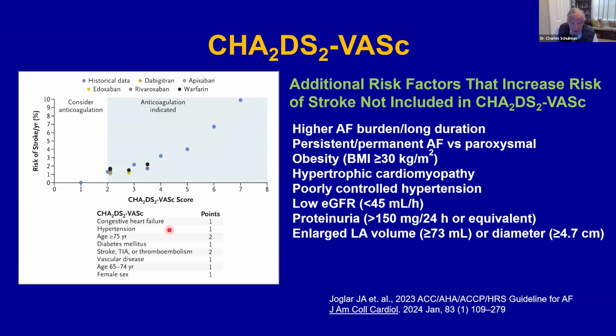The CHADS-VASc score includes hypertension regardless of what the blood pressure happens to be at the moment, but poorly controlled hypertension is an additional risk factor. Kidney dysfunction with proteinuria and a large left atrium.